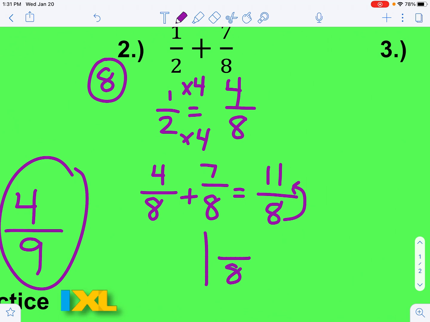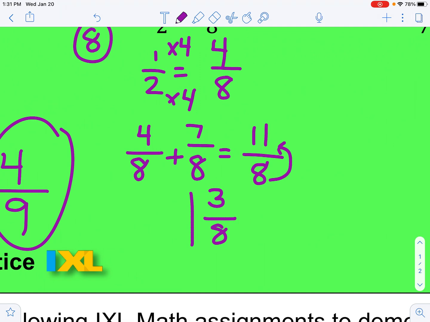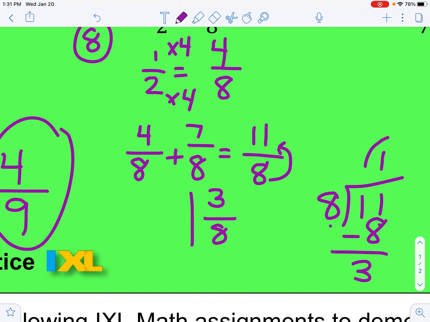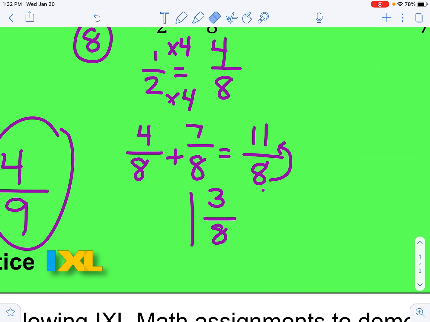Now we have to take 11 minus 8, which gives us 3, because we had 3 left over. If that trick did not make sense to you, then you would want to divide 11 by 8. How many times does 8 fit inside 11? 1 time. Subtract and we get 3. Our 1 is our whole number, 3 is our numerator, and our 8 stays our denominator. Awesome, so 1 3/8 is our answer.